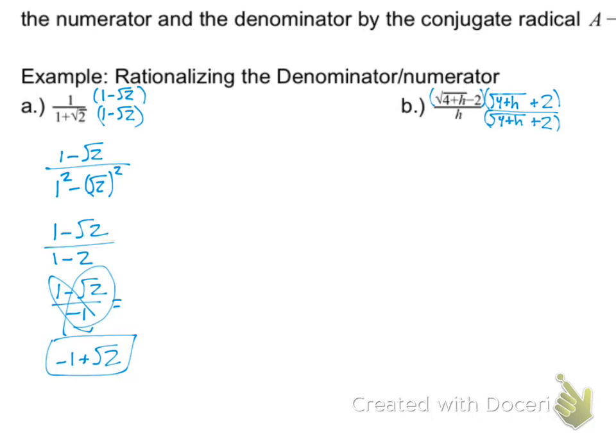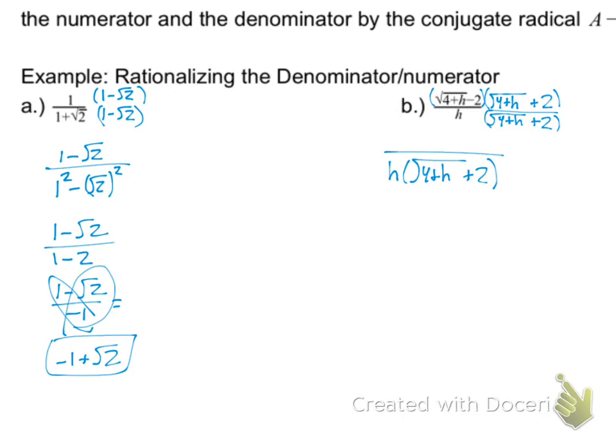Now, in essence, to save time, I'm not going to distribute because then that h is going to be floating around down there. Let's just leave the h out front. Is that okay? So h times the square root of 4 plus h plus 2 is on the bottom.